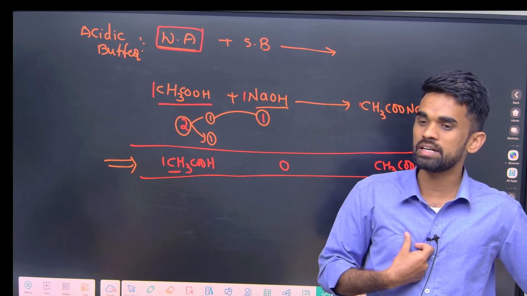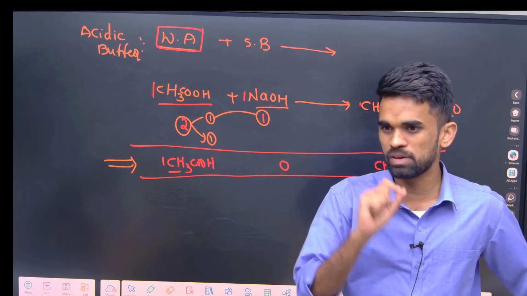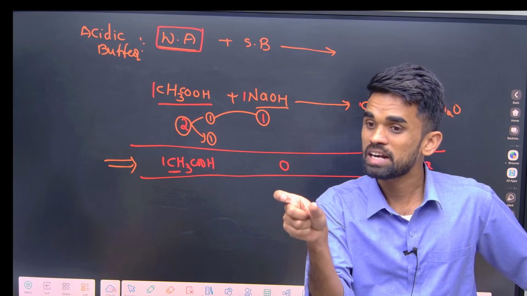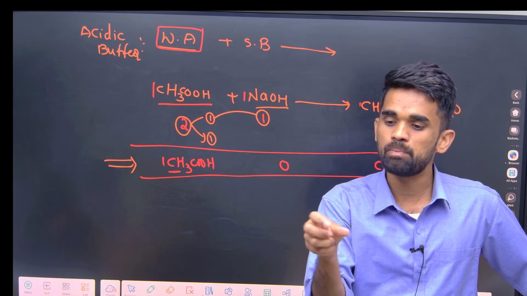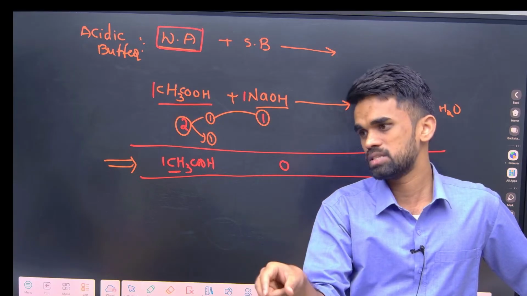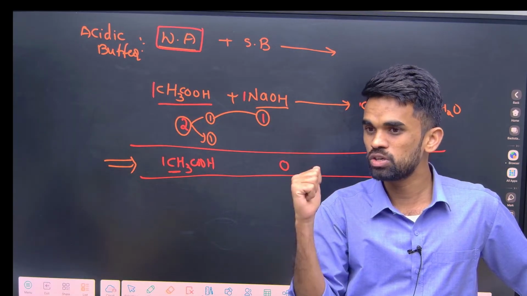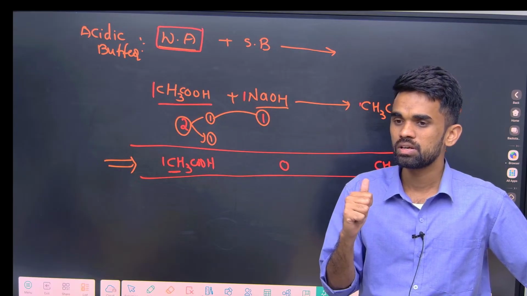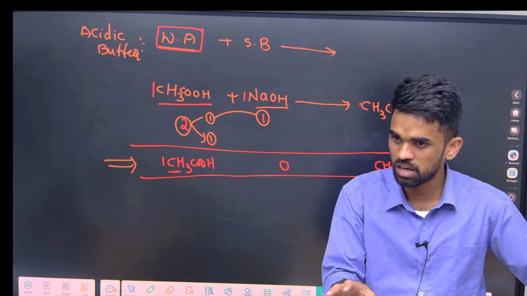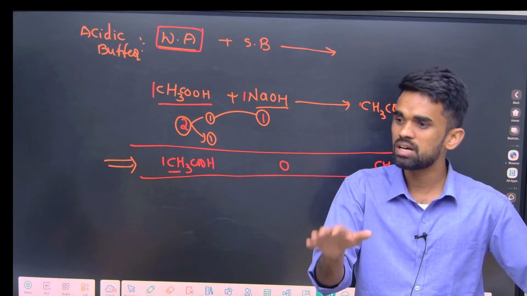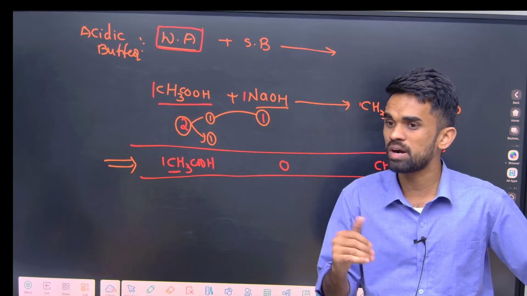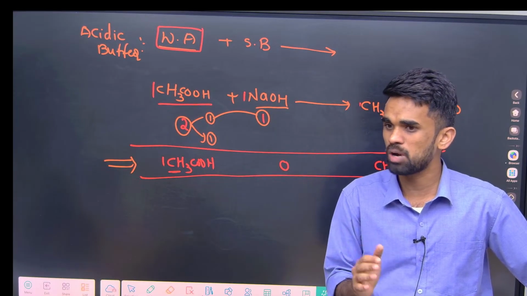Because your body contains some solutions called buffer solutions. That buffer solution will resist the change in pH by addition of small amounts of strong acids or bases. That is the duty of buffer solutions. If the pH of the body changes, the body won't function properly.